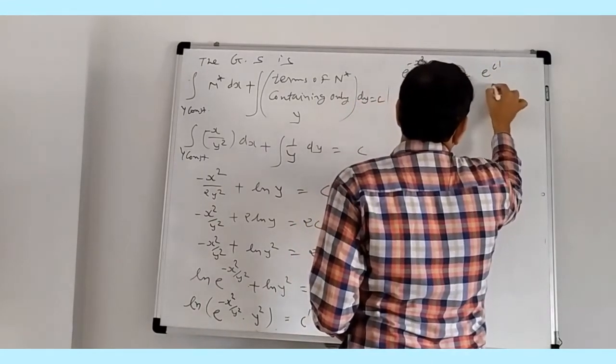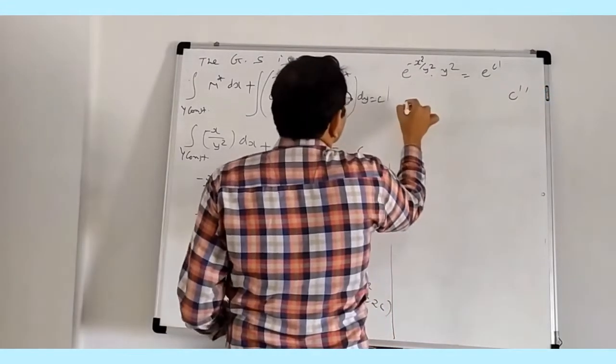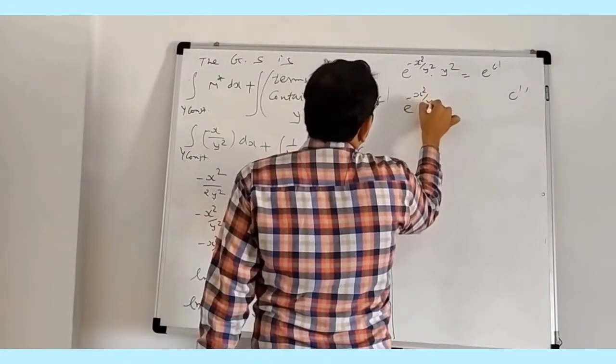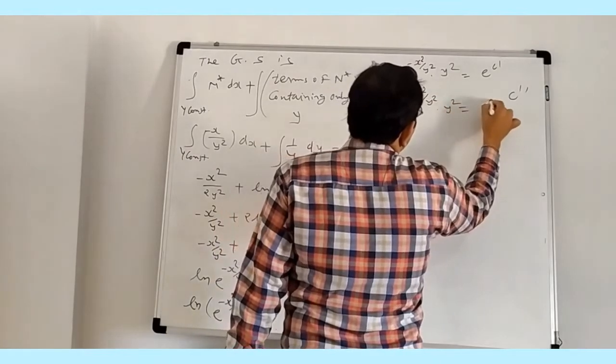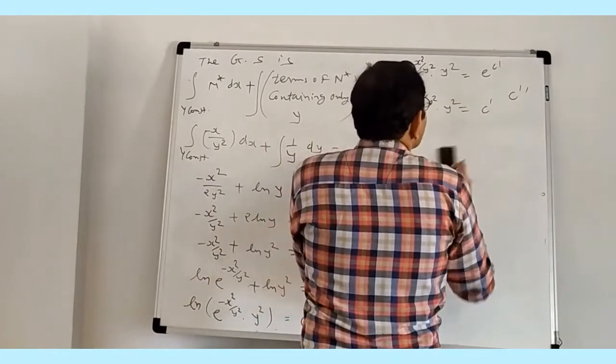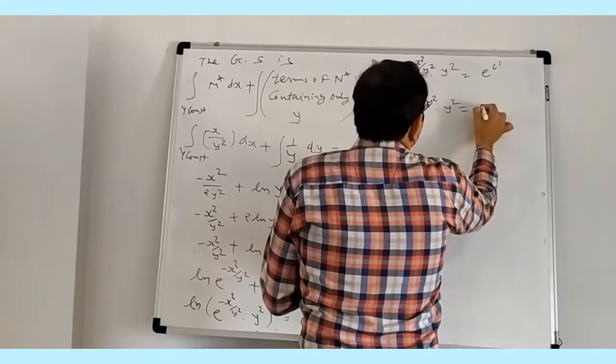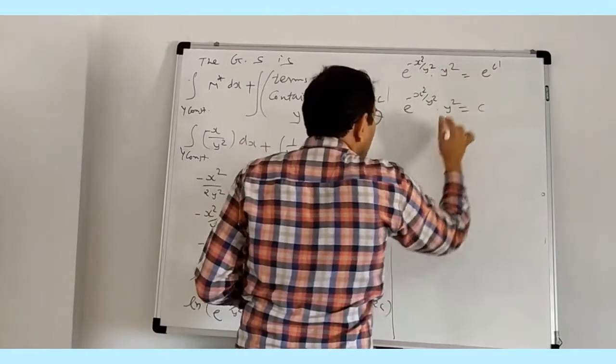We can also write as c double dash, or c dash or c, whatever. Taking antilog.